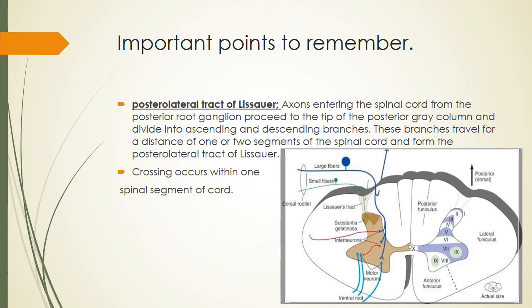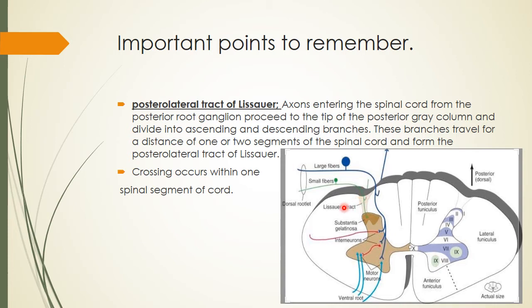These branches travel for a distance of 1 or 2 segments of the spinal cord and form a tract that is called the posterolateral tract of Lissauer. This tract is well developed in the cervical segments of the spinal cord and it is formed just near the apex of the posterior gray horn.